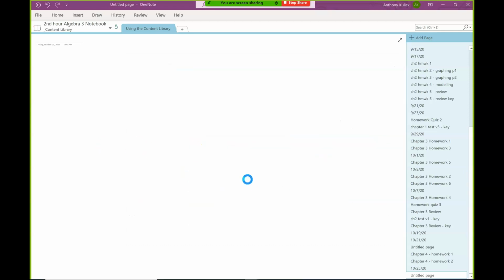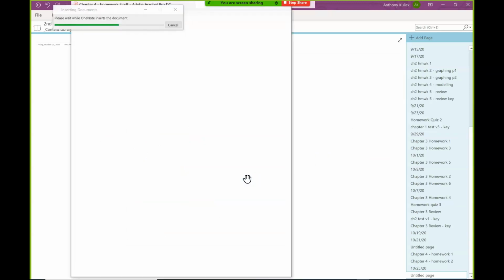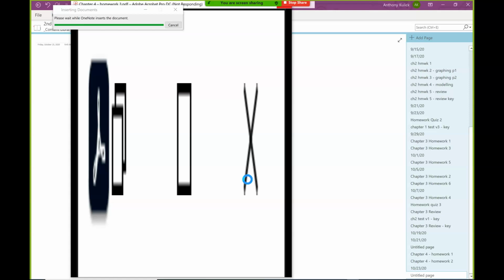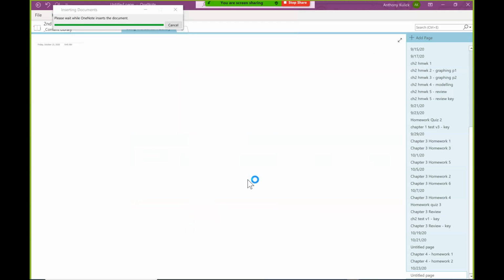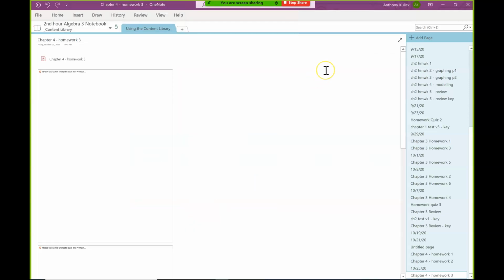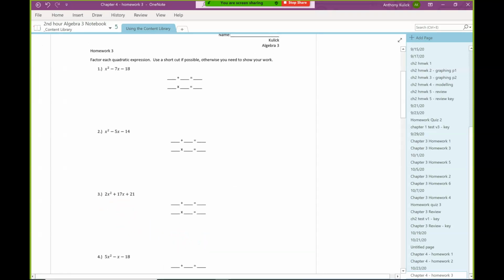So I'm dropping homework 3 into the content library right now. And I'll just state the directions here before I release you to work on things. So for homework 3, it says factor each quadratic expression.